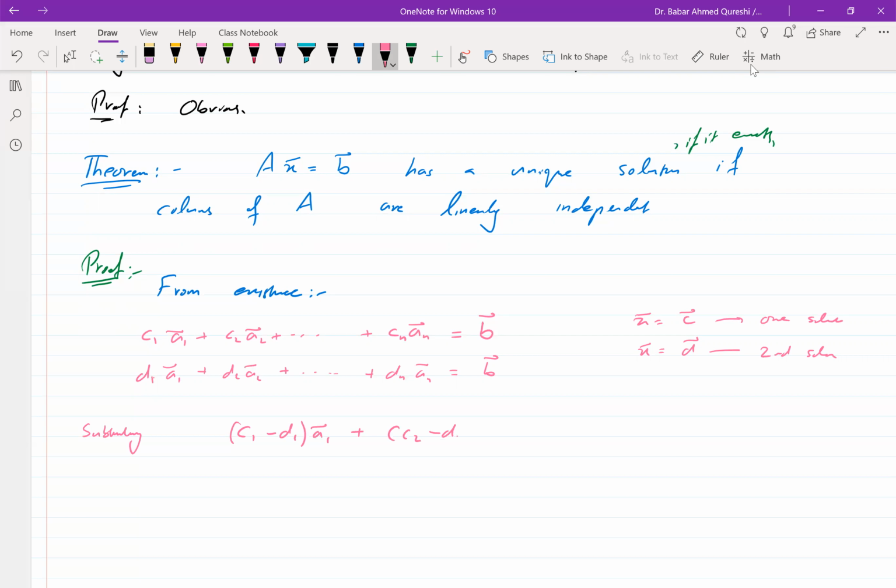But now, since these column vectors were assumed to be linearly independent, that means all these coefficients must be 0.